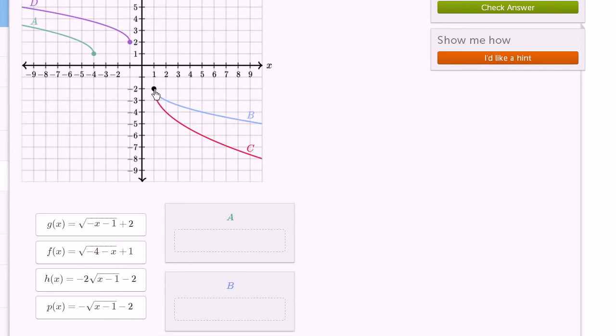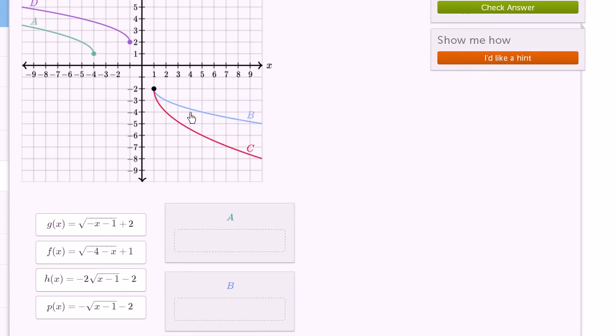You could even try some points. In either case, when x is equal to 1, what we have under the radical becomes 0. X minus 1 is 0 when x is equal to 1. And in either case, our y value is negative 2. But then you see as x increases, this one right over here gets negative twice as fast.